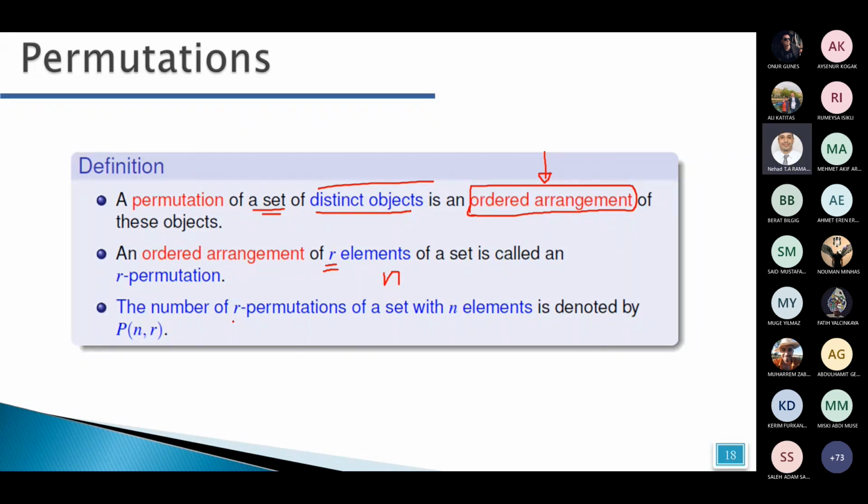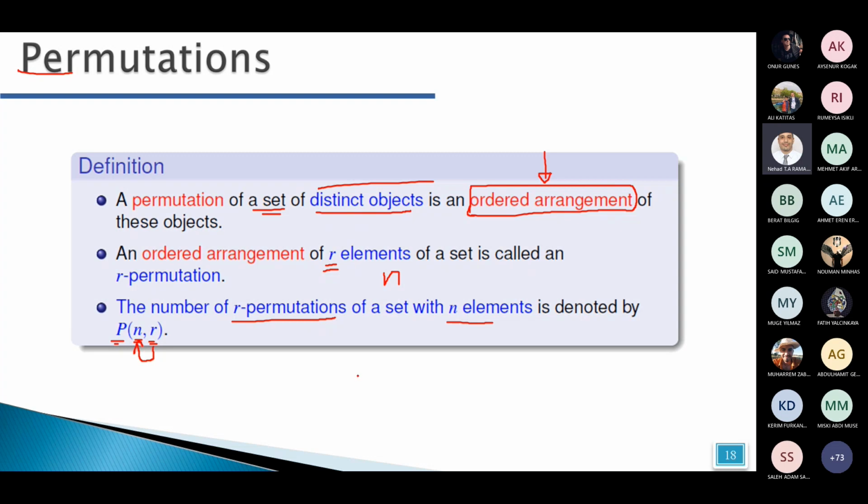The number of R-permutations, meaning selecting R elements from N elements, we write as P, for permutation, of N and R. N is the total number. R is the set of objects that we want to select in order from N objects.